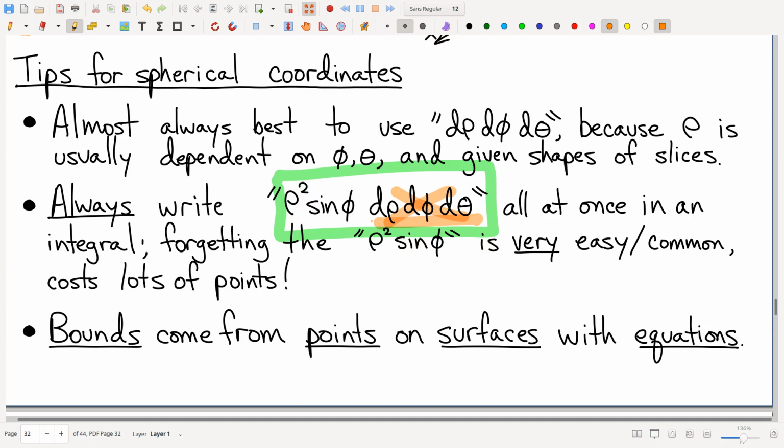It's not the same thing. Dx dy dz is this whole green deal that has the stretching factor inserted there as well. So write this down all at once. That's what dV is. And furthermore, writing it down all at once, you already didn't forget your rho squared sine phi.